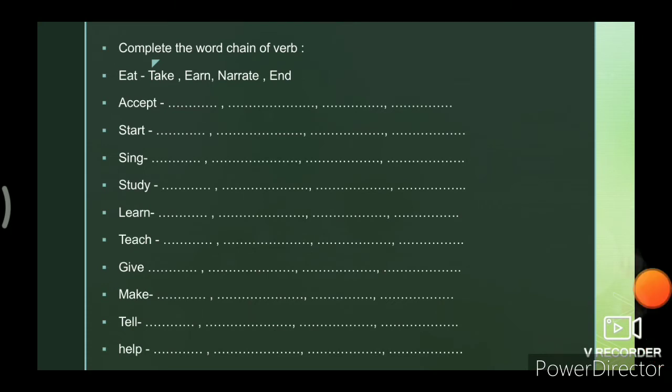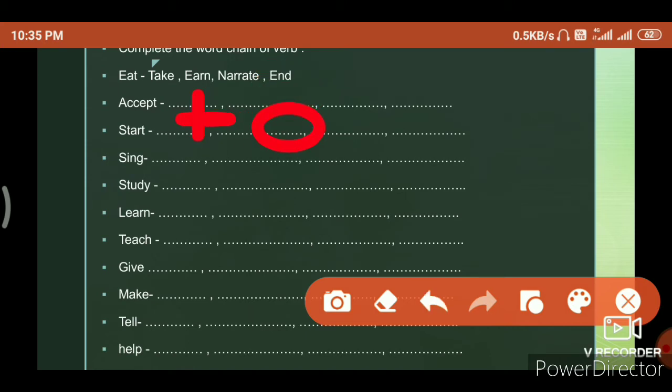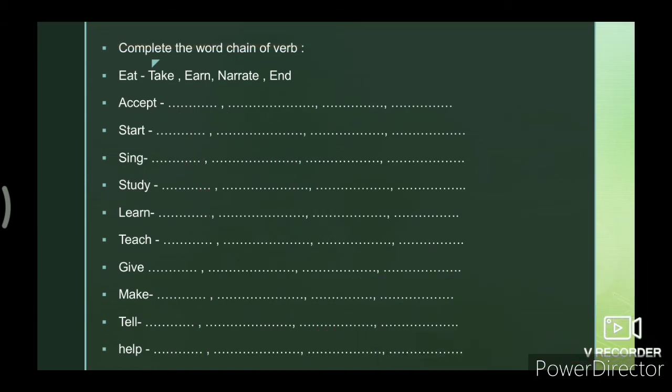Look at the second example, accept. The last letter is T. That's why you have to take. You have to write verb T. Use any verb. T-A-K, take. In the second example, accept. Accept is a verb.